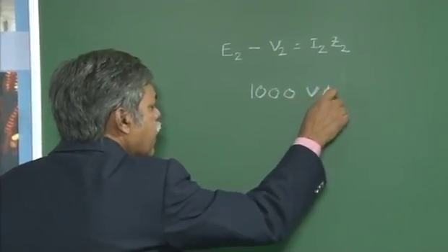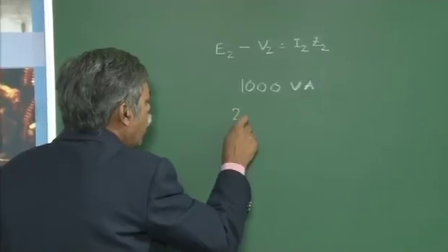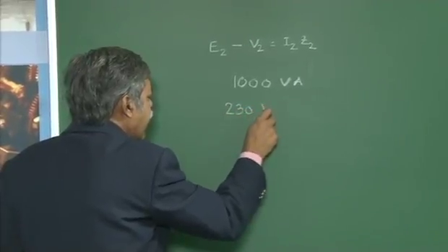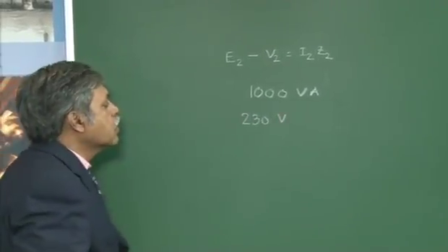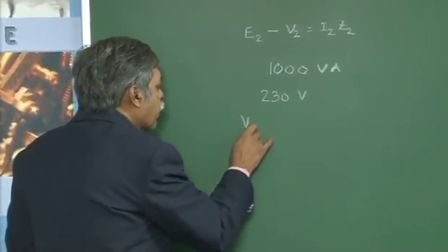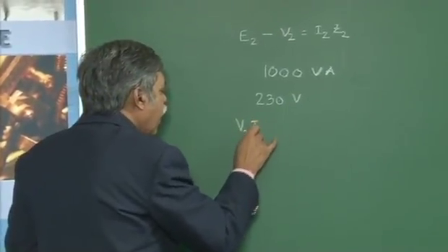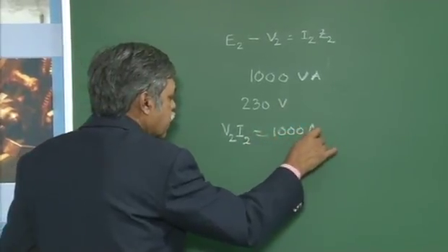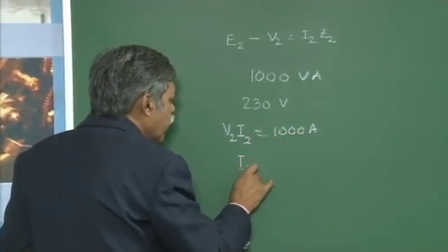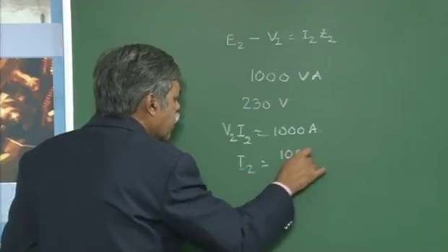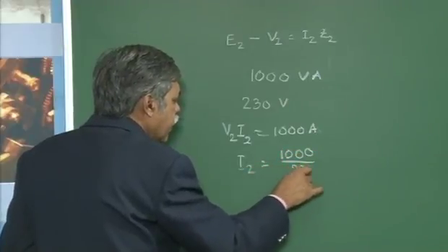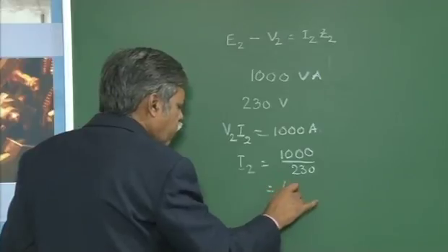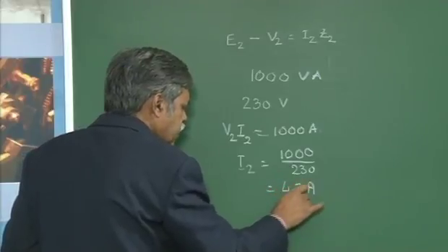Let us say this transformer is rated at 230 volts at the secondary. So I can write the transformer rating as V2 I2 equals 1000 volt amperes. Therefore, I2 will be equal to 1000 divided by 230. I will get somewhere around 4.7 amperes.